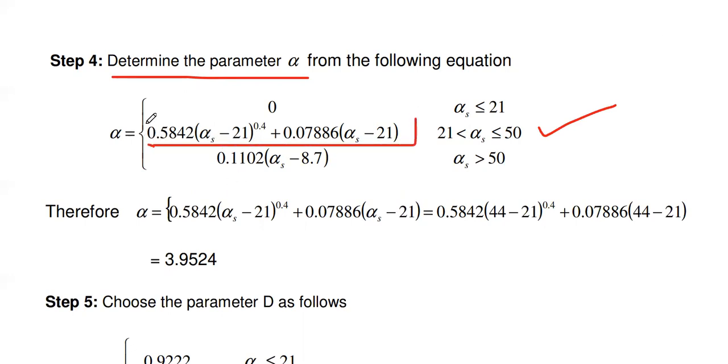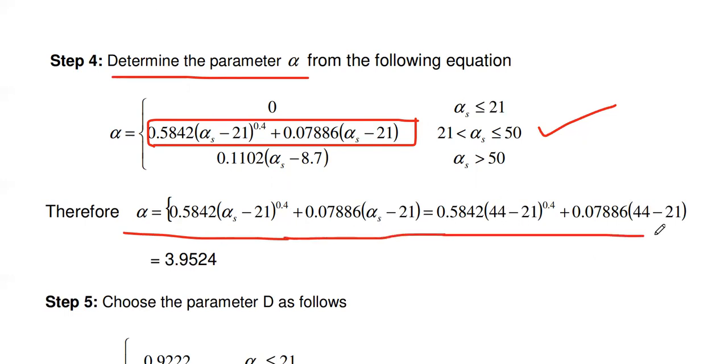So the alpha value equals 0.5842 (alpha s minus 21) to the power 0.4 plus 0.07886 (alpha s minus 21). Here we have to substitute the alpha s value and find the alpha. So therefore alpha equals 0.5842, you just write the formula.